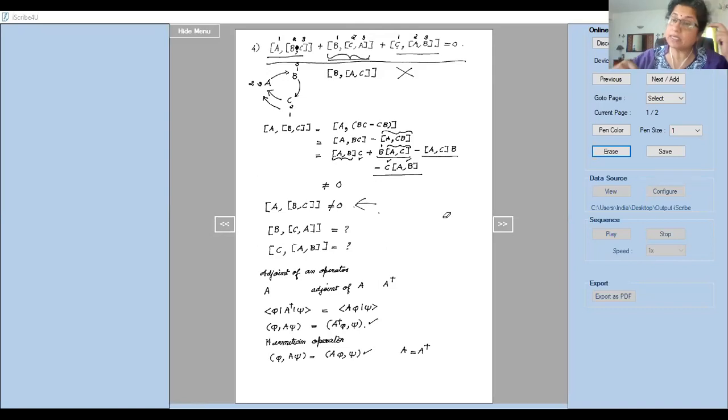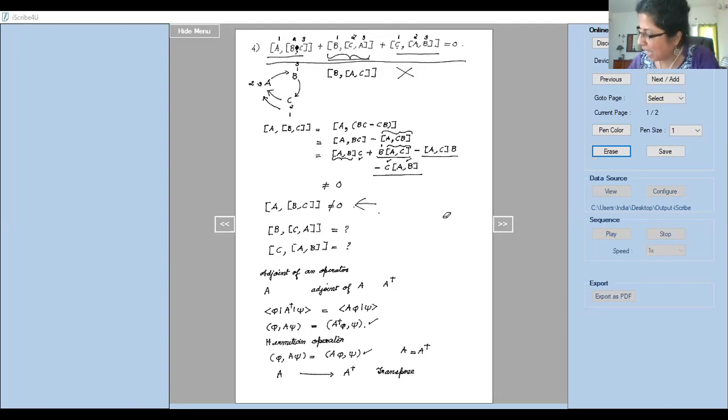And in the matrix notation, how do you go from A to A adjoint? To go from A to A adjoint, you will have to do a transpose. What does transpose mean? Transpose means that you change the rows into columns or columns into rows, whichever way you want to look at it.